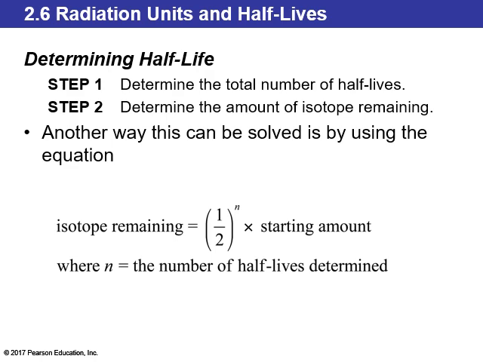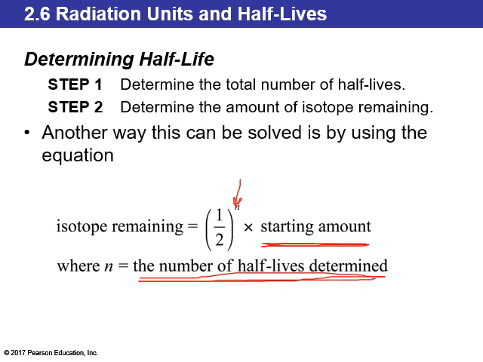So the formula for determining how much material we have based on the number of half-lives that have gone by is we take the starting amount of material, and we multiply that by 1/2 raised to the power n, where n is the number of half-lives that have occurred.